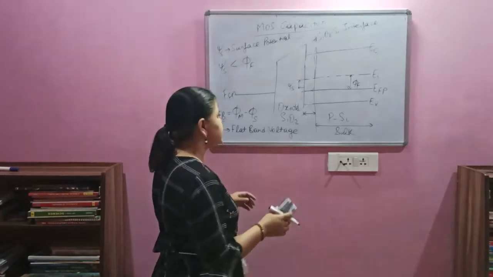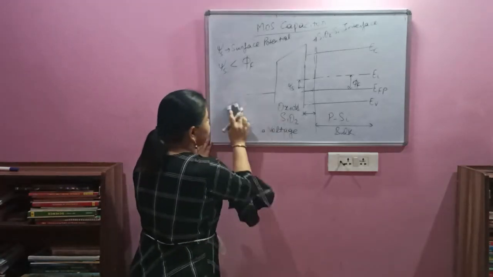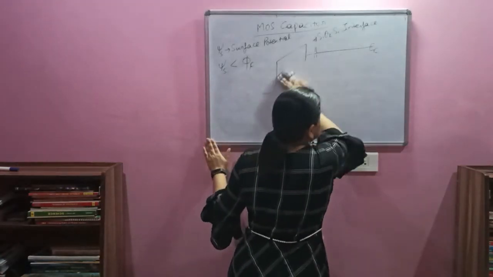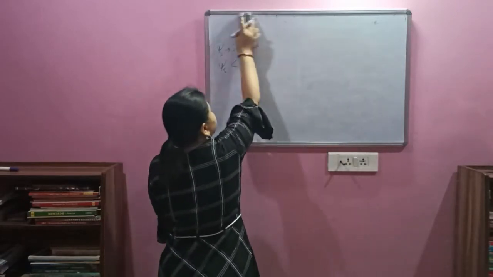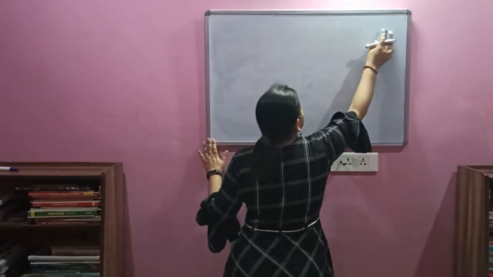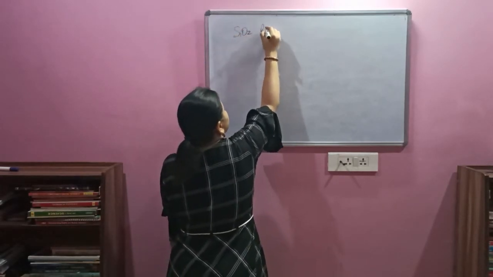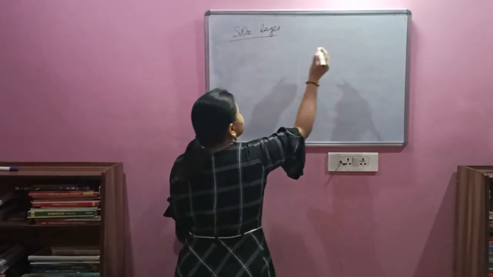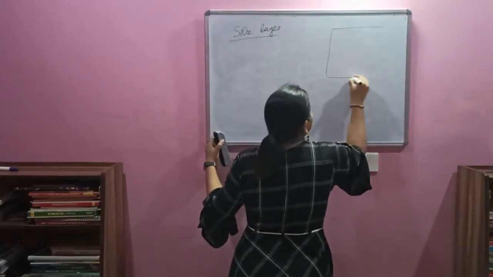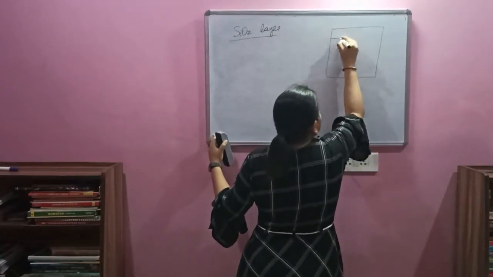Further, I will discuss that second component of the flat band voltage. For understanding that second component, we should firstly understand the property of the SiO2 layer, which is the intermediate layer in the MOS structure.